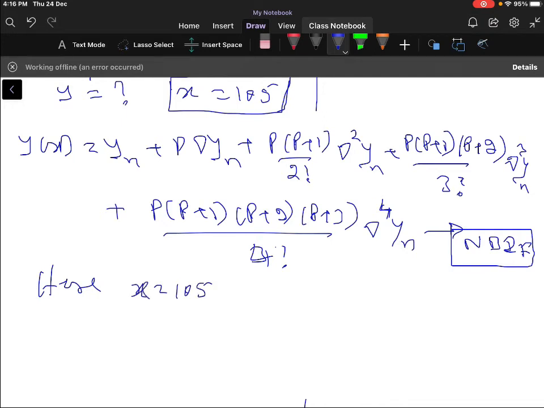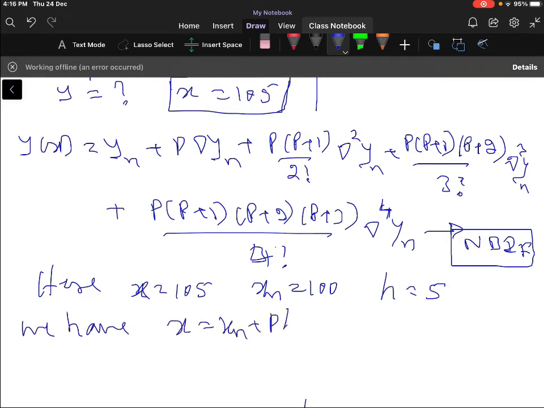So here x is equal to 105 and xn is 100 and h is here 5. So we have x is equal to xn plus ph.